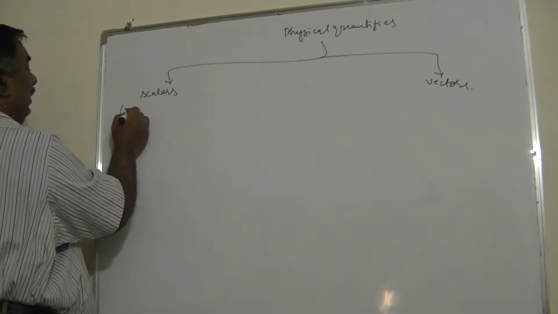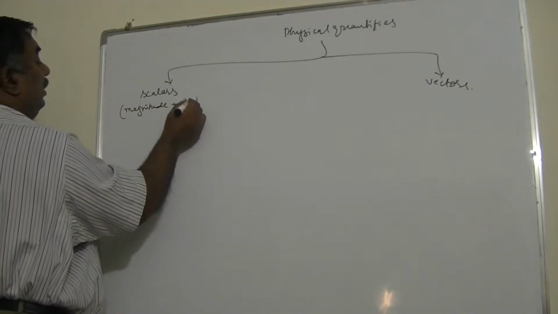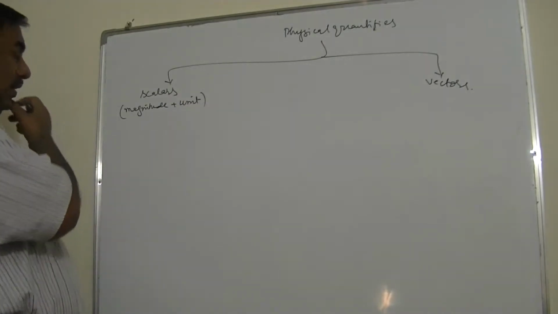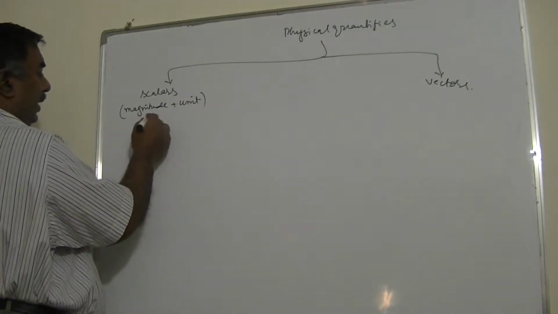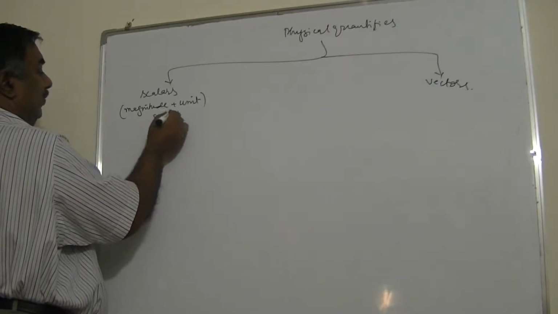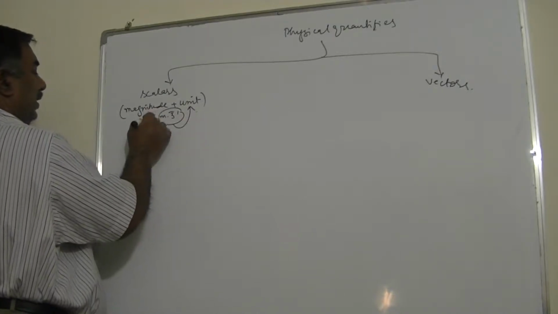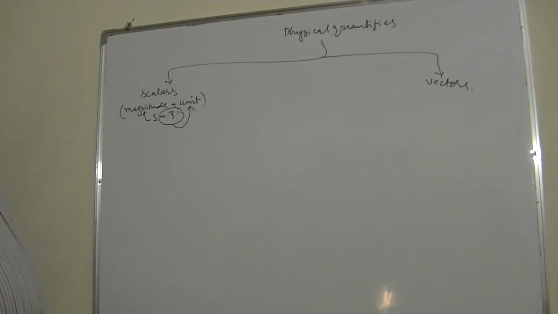Scalars are those quantities which require magnitude and a unit. Now what is the magnitude? What is the unit? For example, if speed is 5 meters per second, then this meter per second is the unit and this 5 is the magnitude. So scalars require only magnitude and unit.